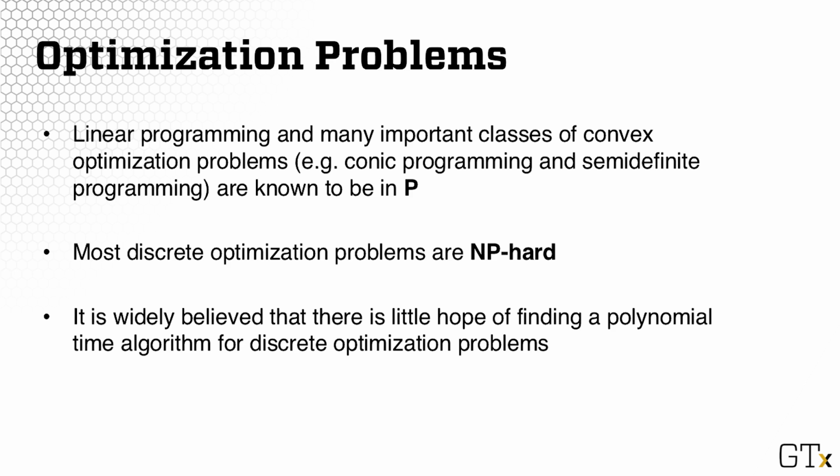It is widely believed that there is little hope of finding a polynomial time algorithm for discrete optimization problems. So in some sense, the enumeration algorithm that we talked about is probably the best we can do in the worst case. But of course, not all problems are as hard as the worst case, so we will try to come up with something a little bit smarter, and we'll talk about those later on.